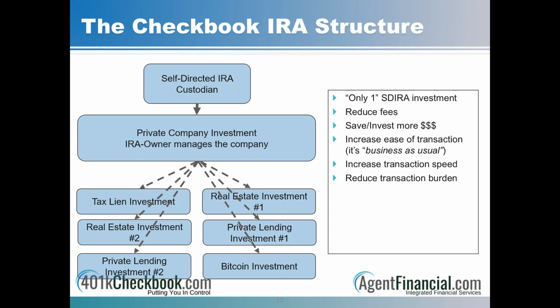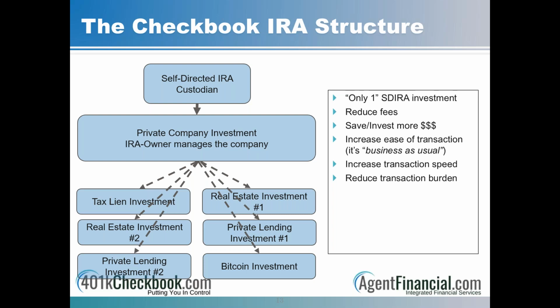Well, the company will have a bank account, and the self-directed IRA custodian will move the money that it's holding in the IRA account to the company bank account. Once the company is funded, that company will operate just like any other company. Its officers, managers, and decision makers will deploy the company's capital in the way that they deem to be prudent and in the best interests of the company.